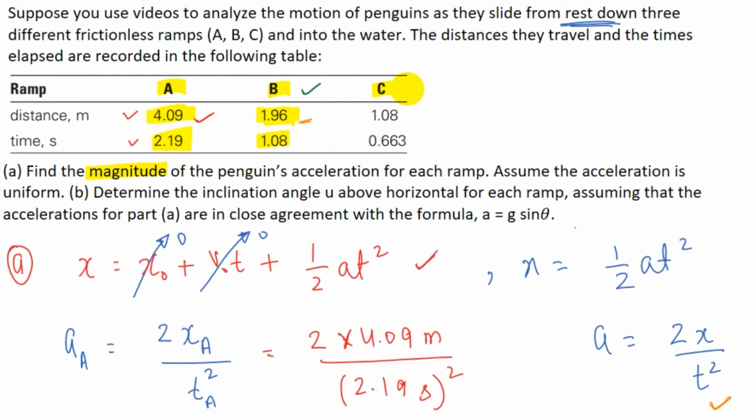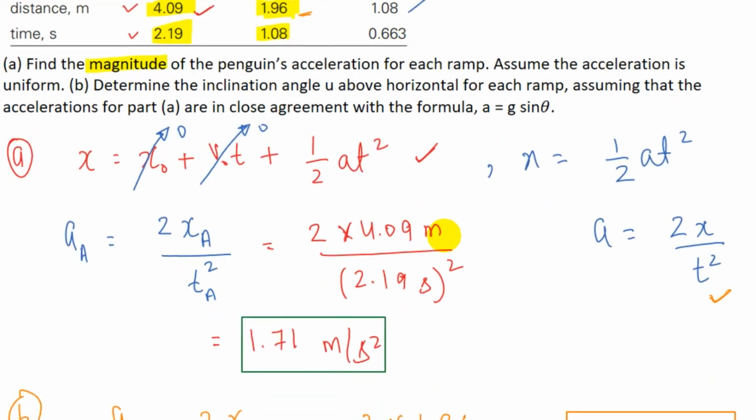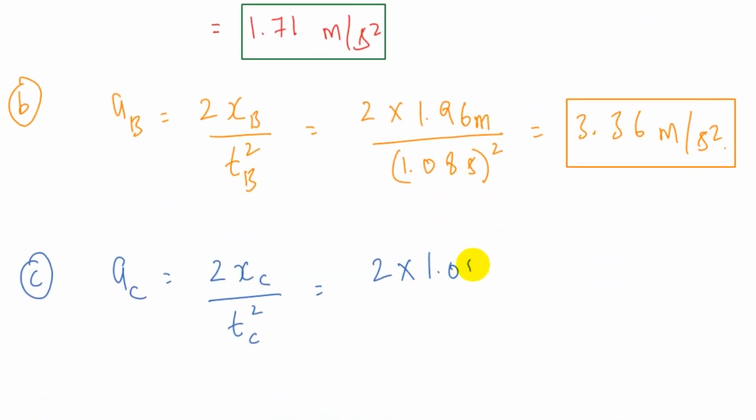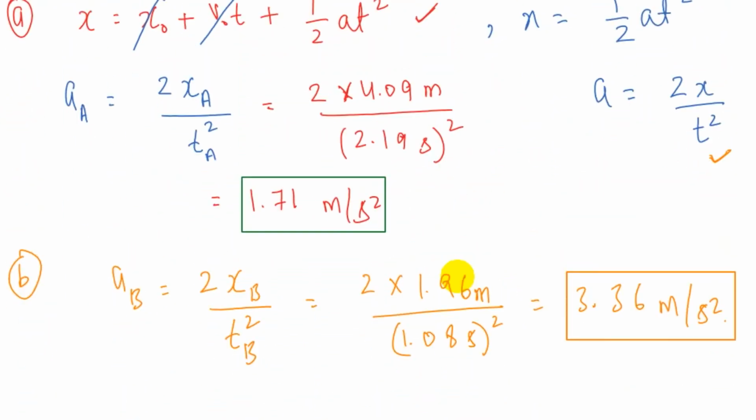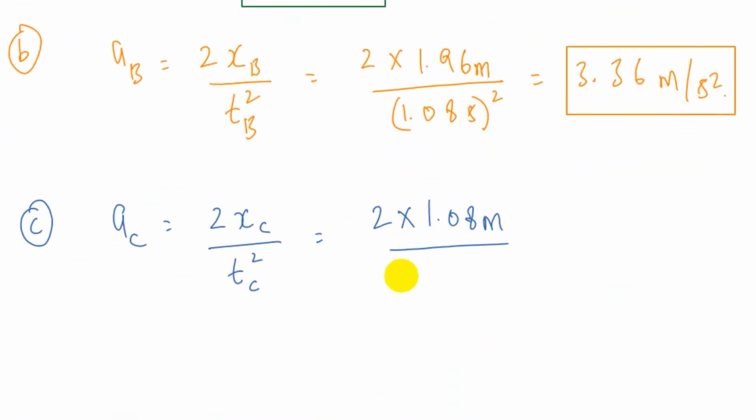Now for ramp C, we can use the same equation. So a_C would be equal to 2 times x_C divided by t_C squared. So 2 times, now x_C we are given to be 1.08 meters, divided by time 0.663 seconds, squared.